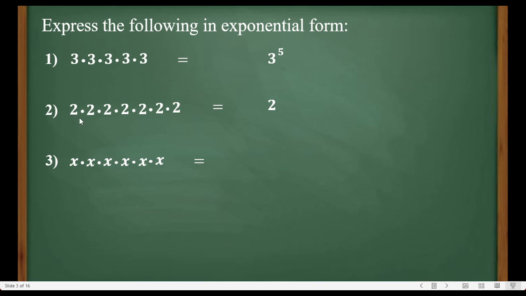So ilang 2 ang minumultiply dito? So bilangin natin. 1, 2, 3, 4, 5, 6, 7. So therefore, the exponential form is 2 raised to the 7th power. Since 7 right here, that is superscripted, indicates that there are 7 factors of 2.